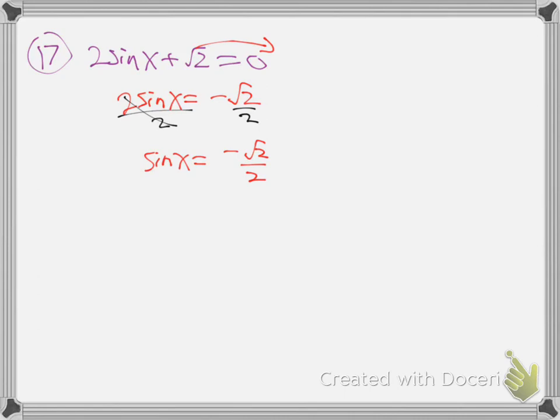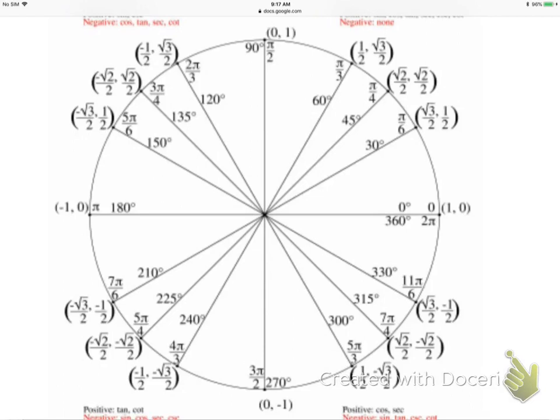All right, then we go to our unit circle, right? Find out where sine is negative root 2 over 2. It's going to be 2 places. Let me go there with you. I don't know where my unit circle is. There it is. So where is sine minus root 2 over 2?